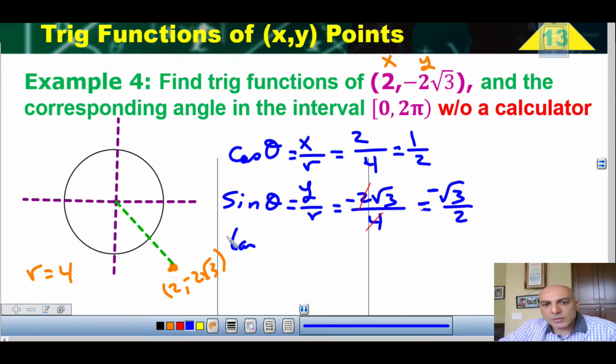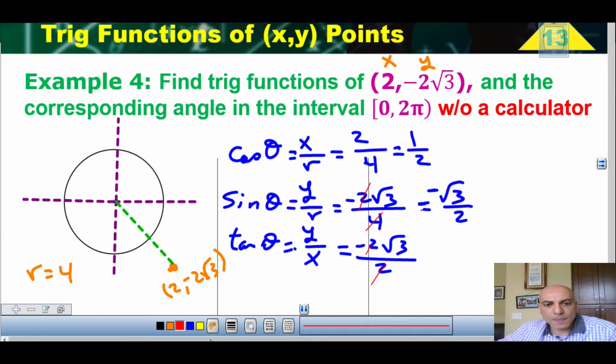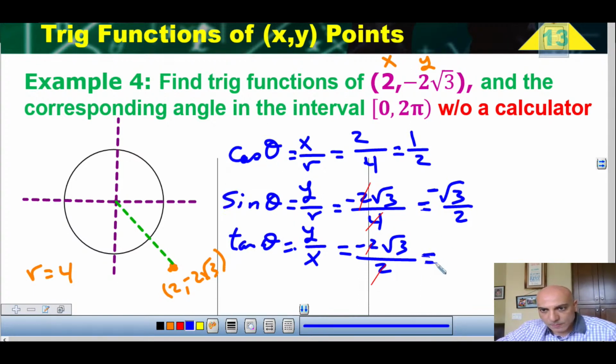Finally, the tangent of this theta is going to equal y over x. My y from the point is negative 2 square root 3 over my x, 2. Chop, chop, and I got negative square root 3. Interesting.